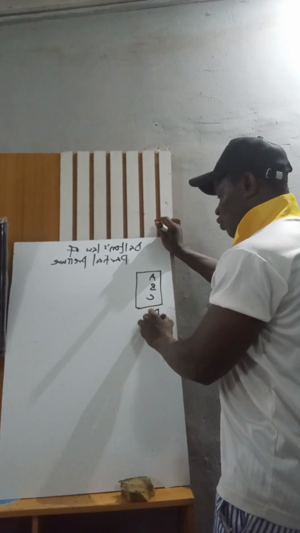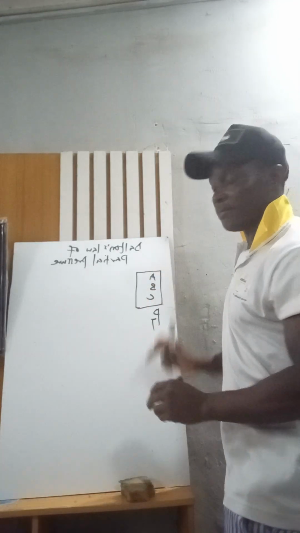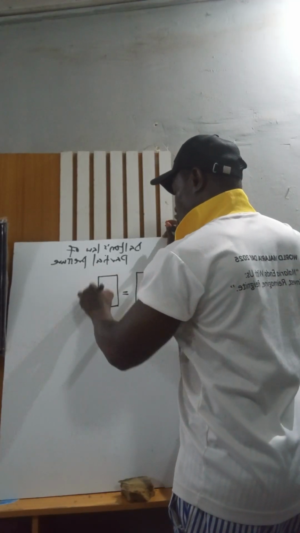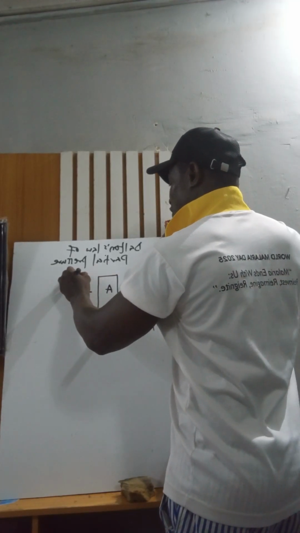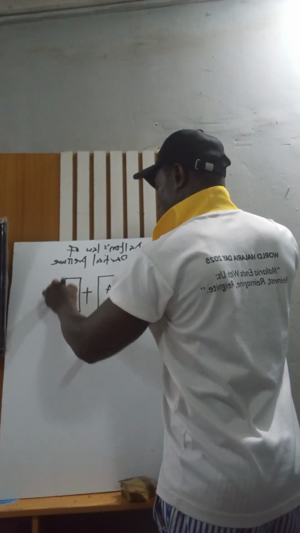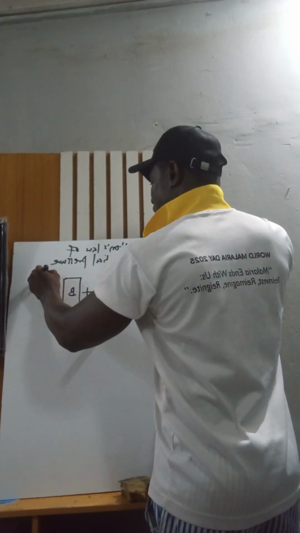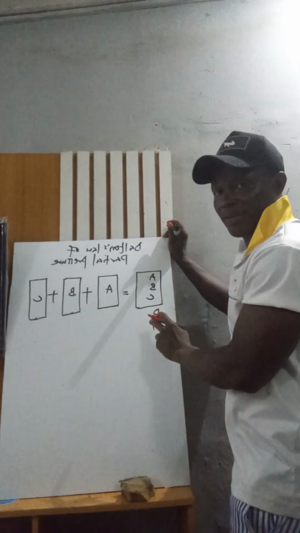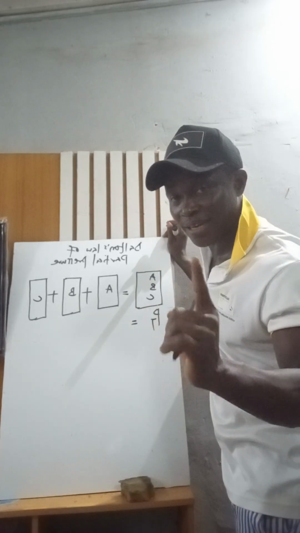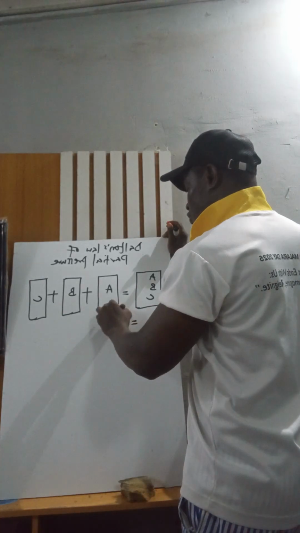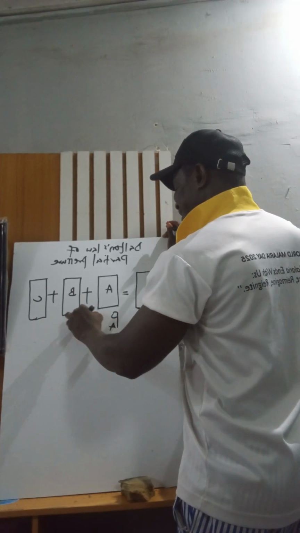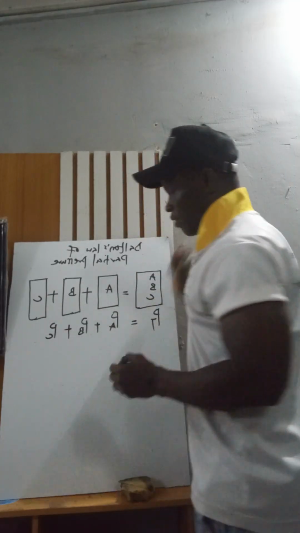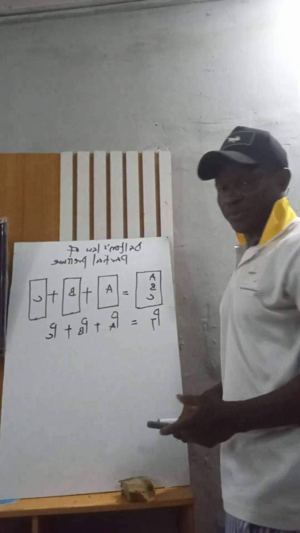So the total pressure exerted by A, B, C will be equal to the sum of the partial pressure of A, B, and C. So you have the total pressure exerted by a mixture of gases which do not react chemically together is equal to the sum of their individual partial pressures.